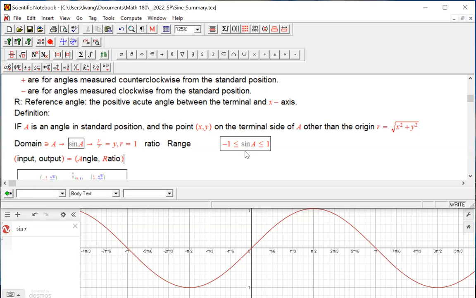You can specify it, or you don't have to. In most cases, people would specify it, saying the angle, radian or degree, can be any real number. So this is the domain and range in one sentence.